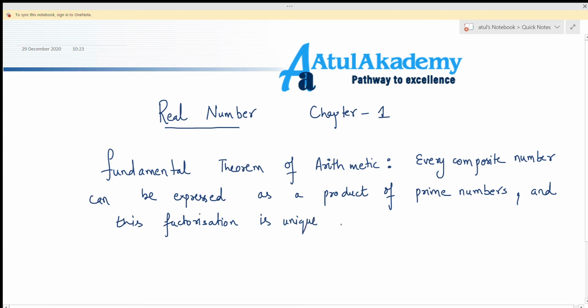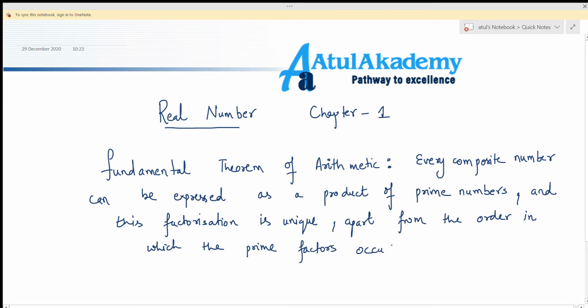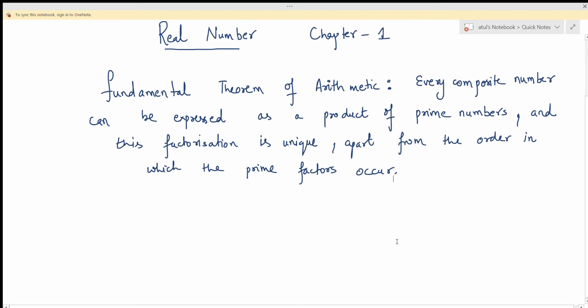This is unique apart from the order in which the prime factors occur. So let's take a simple example we'll start with.